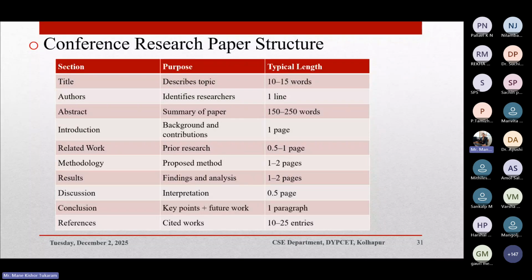And in the references, we just cite the work, starting from a minimum of 10 to 15, up to 25. Depending on the page limit, you can extend up to 30 also. Okay, so these are the contents related to the conference research paper structure.